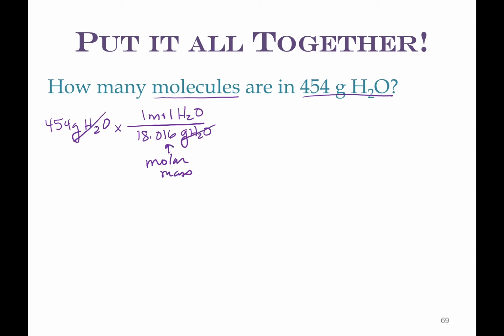My grams cancel, and I want to go from moles of water to molecules of water. With moles, I'm going to look at the molecules. That's Avogadro's number, 6.02 times 10 to the 23rd molecules of water. Moles cancel, and we're going to do the math.